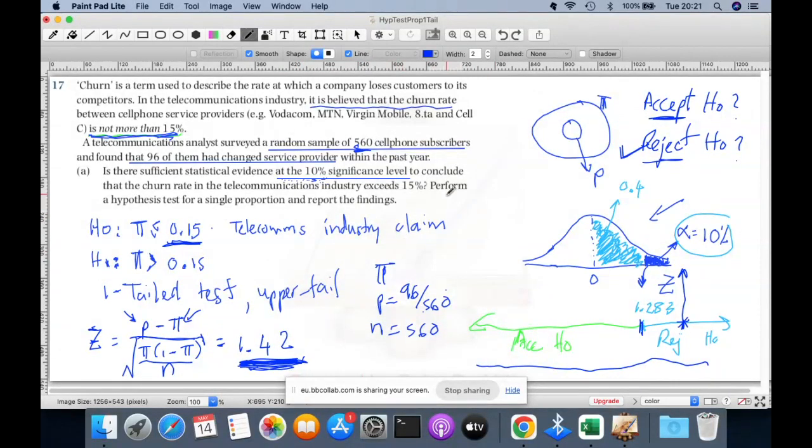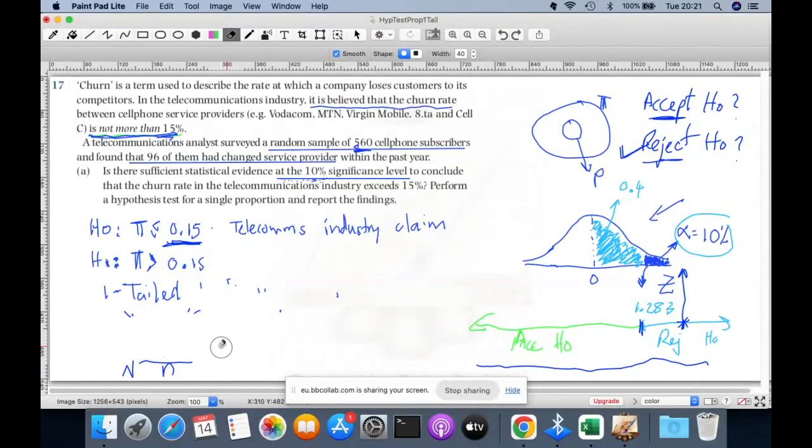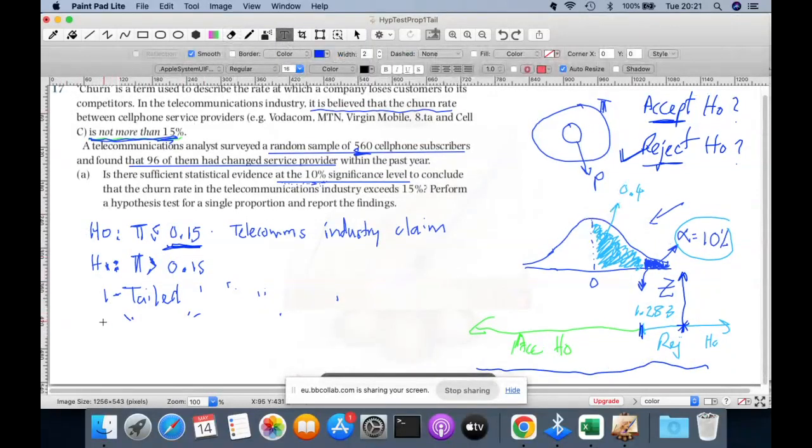So we would write this in words in the final step. Remember we reject H naught. All right, and this is how you conclude this question. Remember what I said? You always start the sentence by saying the level of significance. In our case, it's 10%.